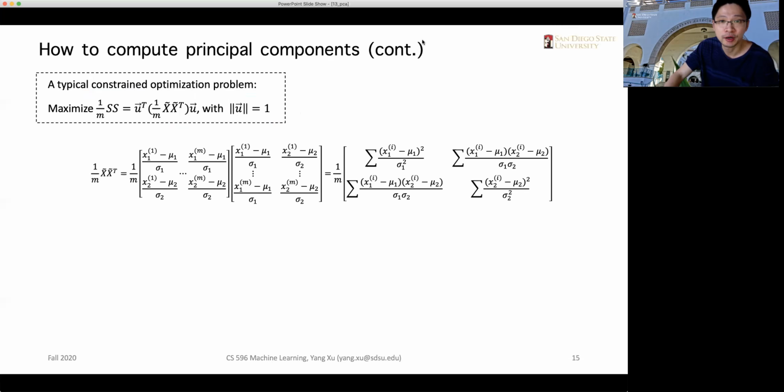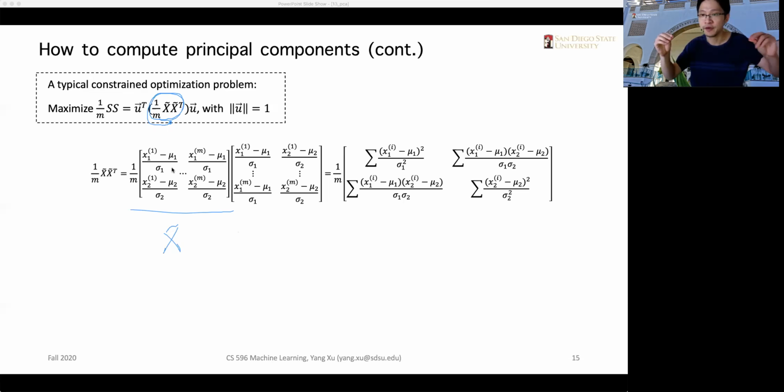So let's expand this term in the middle a bit. We are expanding this matrix multiplication term here. So we will look at the nature of this matrix multiplication first, right? If you look at the first row of x tilde, so this thing is x tilde, the first row is just the normalized row of x1, right?